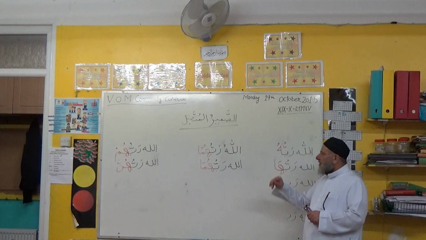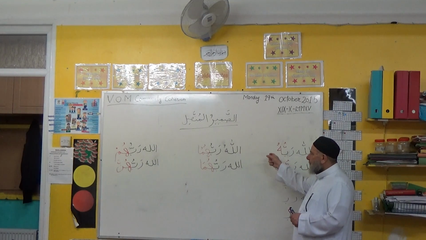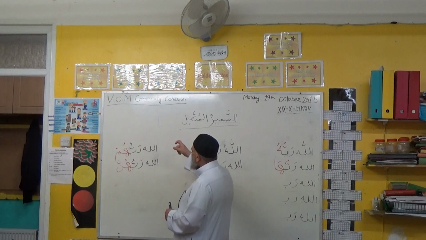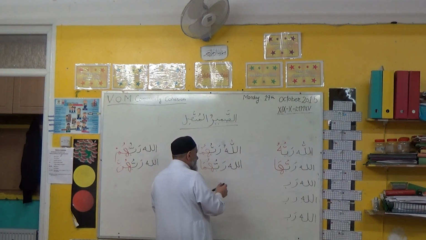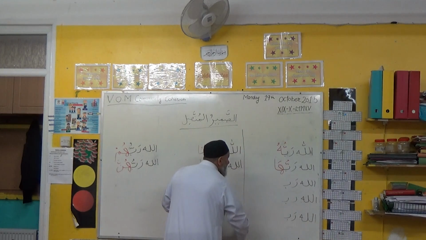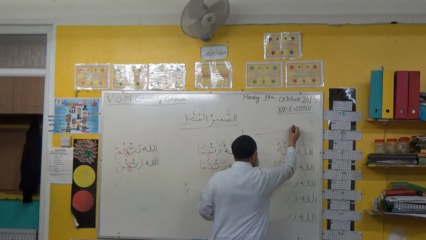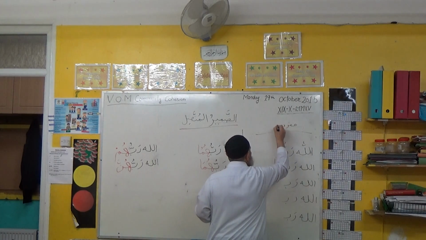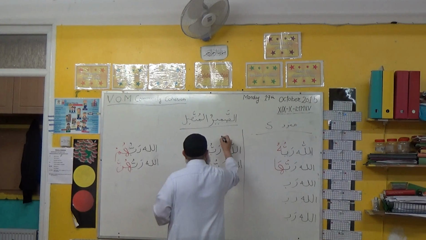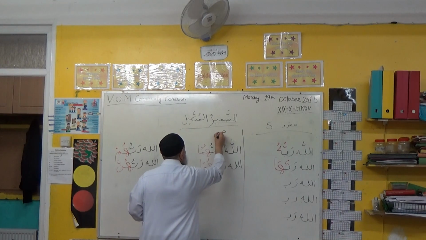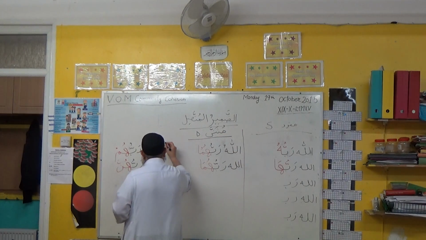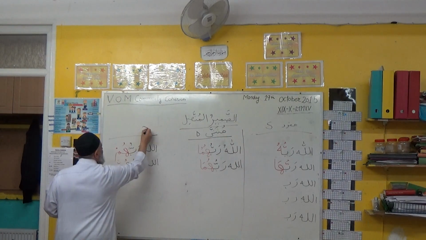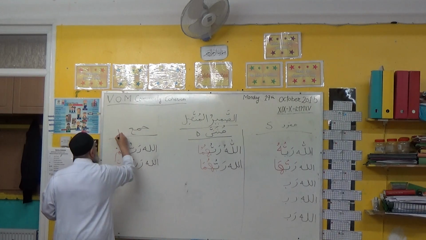So let us say this first now. Allahu Rabbuhu, Allahu Rabbuhuma, Allahu Rabbuhum. This is mufrad, which is singular, this is muthanna, dual, and this is jama, plural.